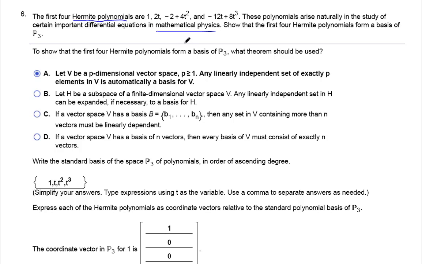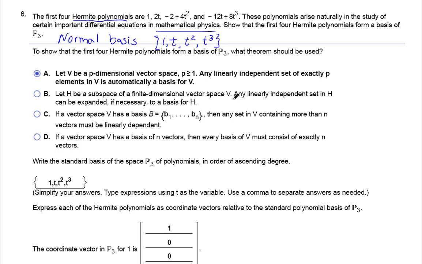that it forms a basis for P3. Now, P3 was all the polynomials of degree 3. The normal basis we are familiar with, we've seen it before, consists of 1, t, t squared, and t cubed.